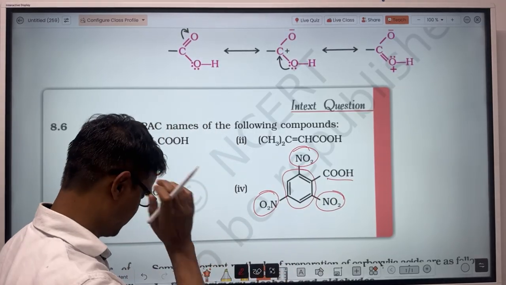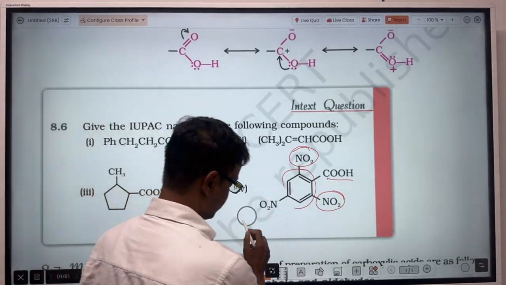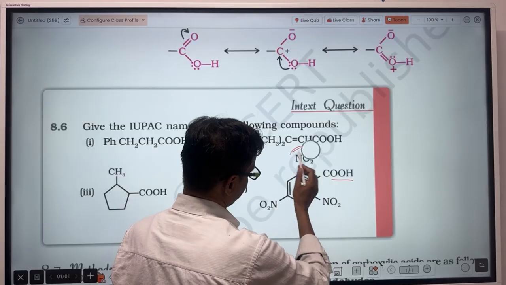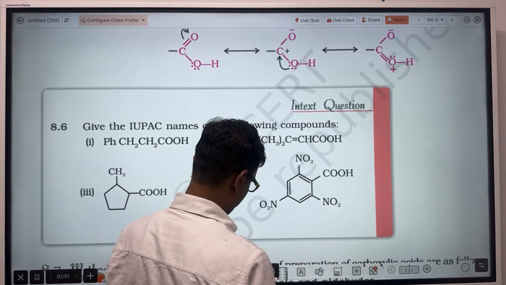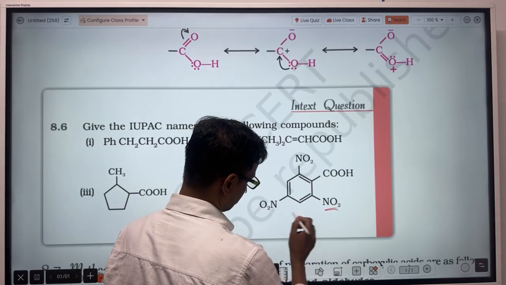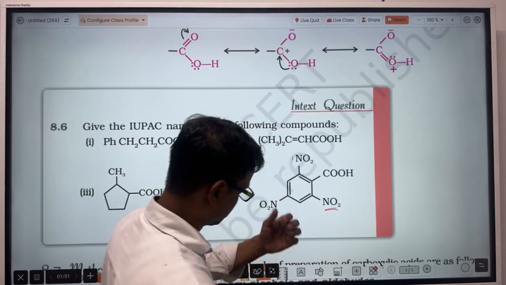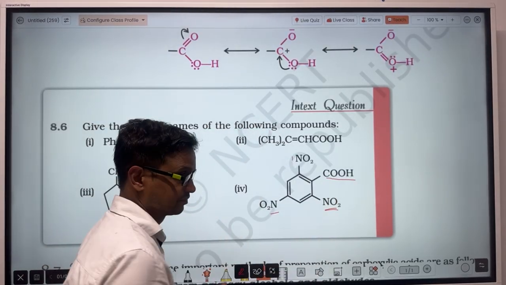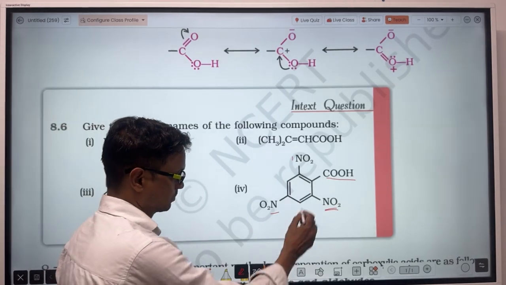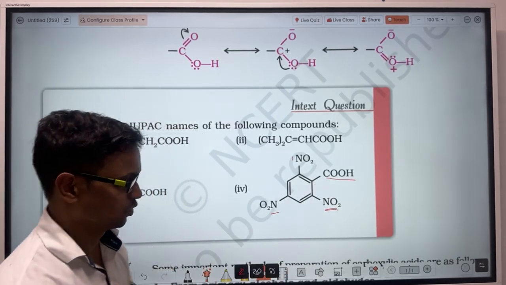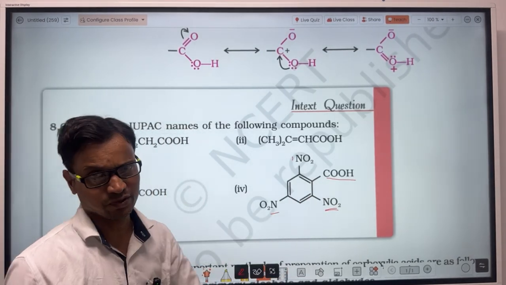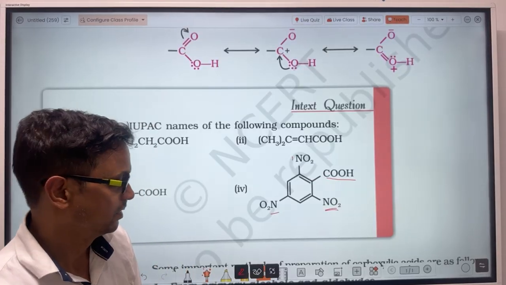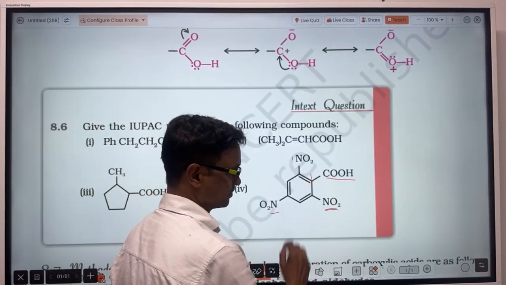For the nitro group we use the prefix, and the NO2 functional group is junior to the COOH group. So the carbon atom of the benzene to which the COOH group is bonded will get first position.